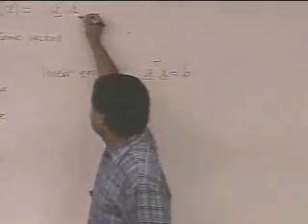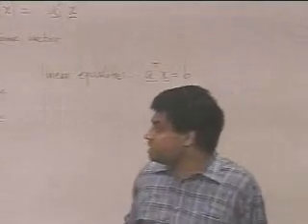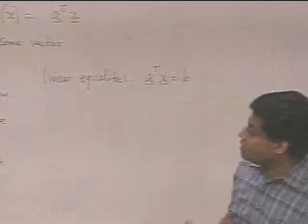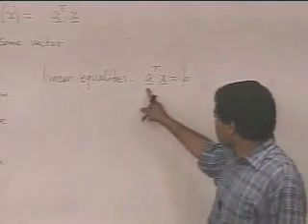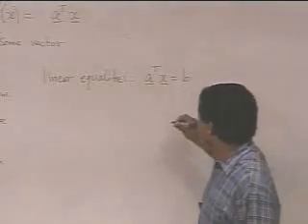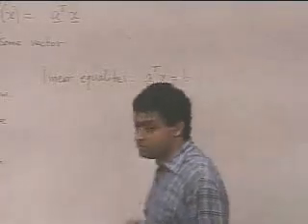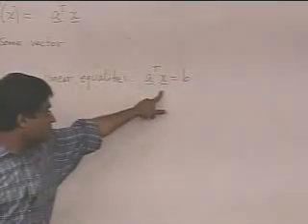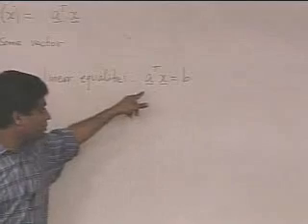In my notes, vectors would be boldface and scalars, or real numbers, would be normal face, but on the board, underline means vectors and not underlined means scalars. So that's a vector, and b is a scalar. When you take an inner product of two vectors, you get a scalar. So this kind of equality is called a linear equality.